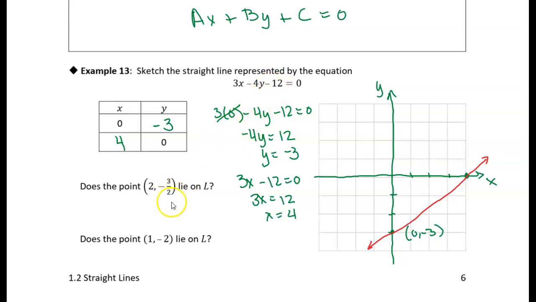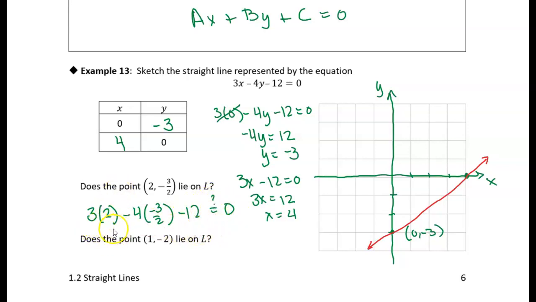I just want to see if it satisfies the equation. So my equation is 3 times x, so I'm going to put 2 in for x. And then minus 4 times the y value, which is negative 3 halves. And then minus 12. And I want to know, does that equal 0?